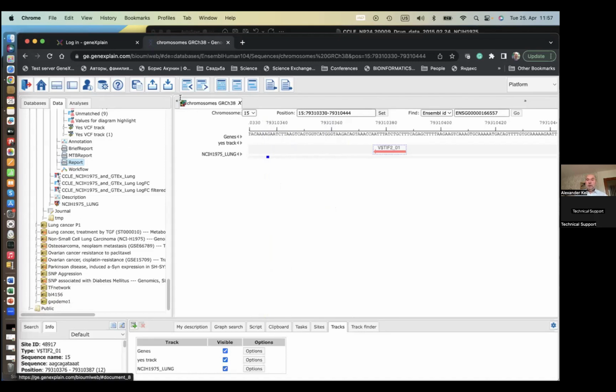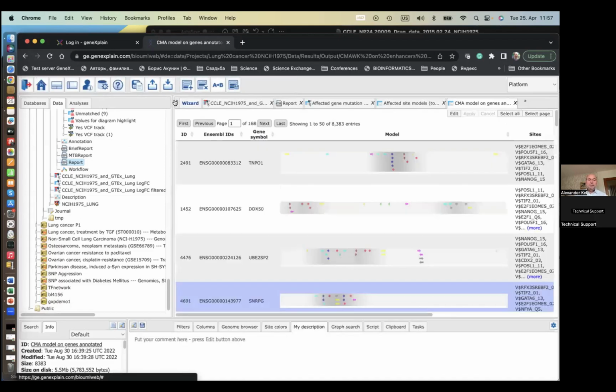What I want to show today at the end is what we do next. Okay, we found transcription factors and their binding sites, which may affect the expression of the genes. We see the correlation between the mutations, clusters of sites, and the upregulated or downregulated genes. So we create hypotheses about which transcription factors can be important for regulating the genes in this tumor.